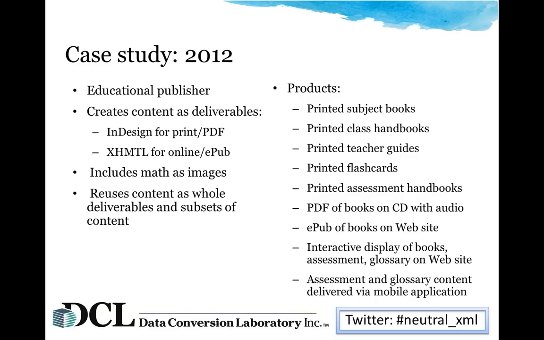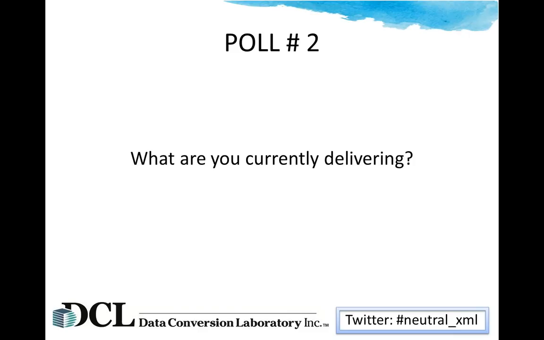You might have assessment or glossary content that is delivered via mobile app. That is a very different landscape from what you were asked to do 10 years ago. So this is what you're currently delivering.